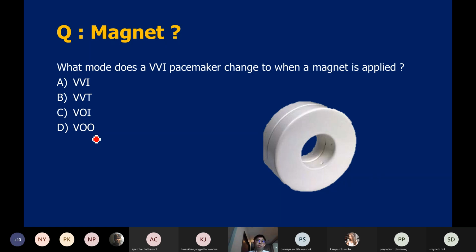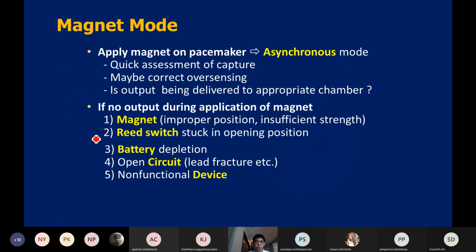So it should be VOO. Okay. So I'm going to talk about the magnet mode. When you apply the magnet on the pacemaker, it should change to fixed mode, the so-called asynchronous mode.